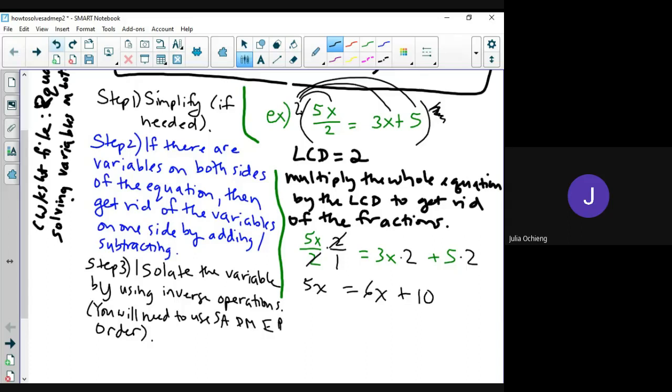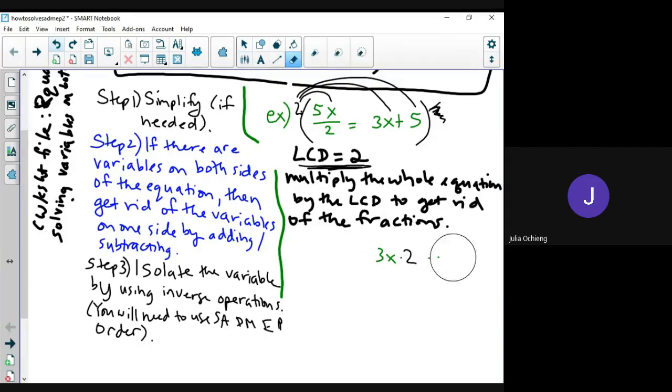Before I do that, let me just go over this one more time because I feel like if you're going to get confused anywhere, it's going to be in this step. So again, we found the LCD of 2. I took the equation, which was, I'm just rewriting the equation.